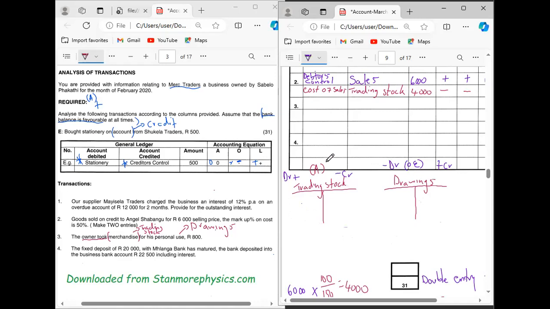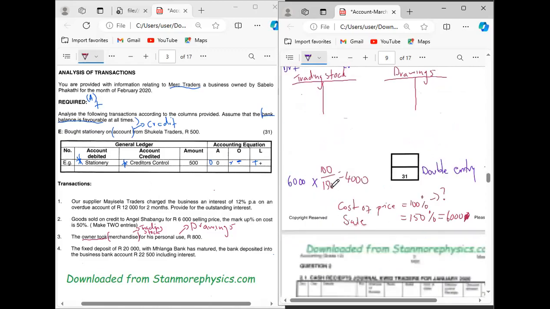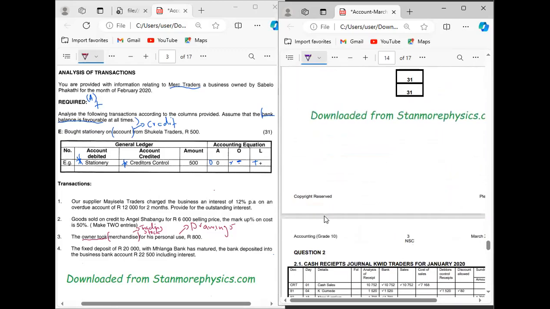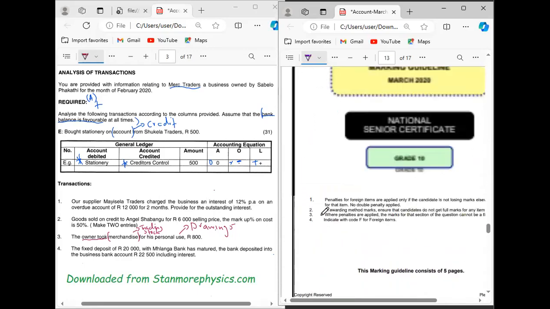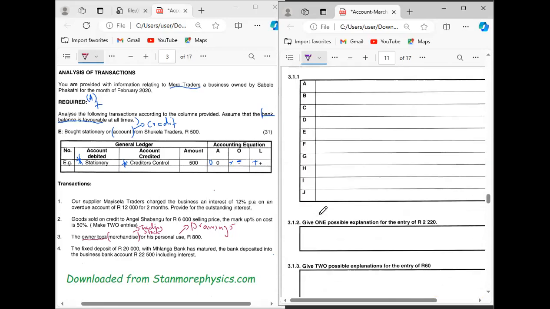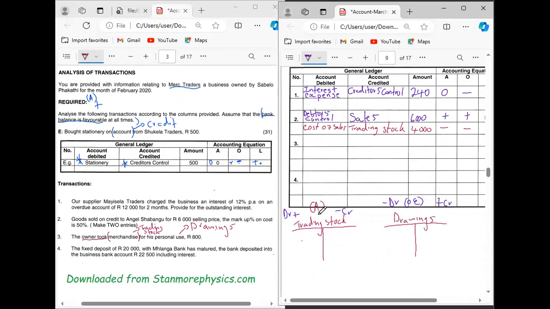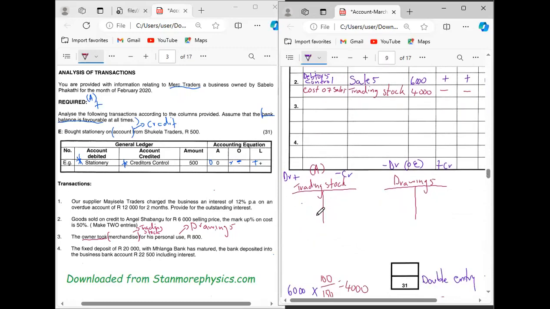Because the owner is taking trading stock from the business, our trading stock will be affected with a negative sign.